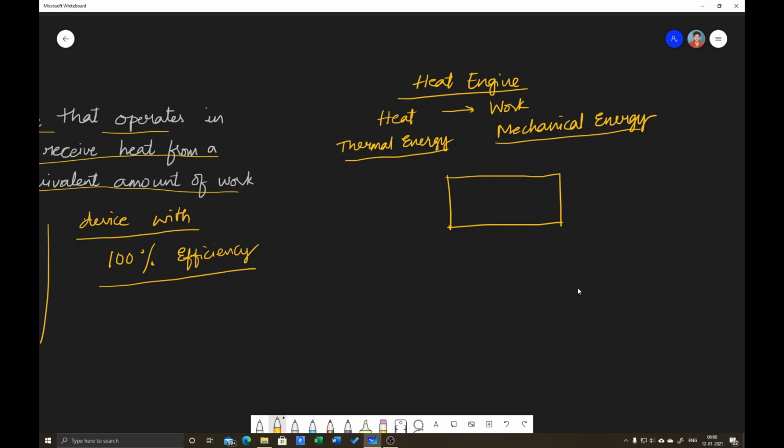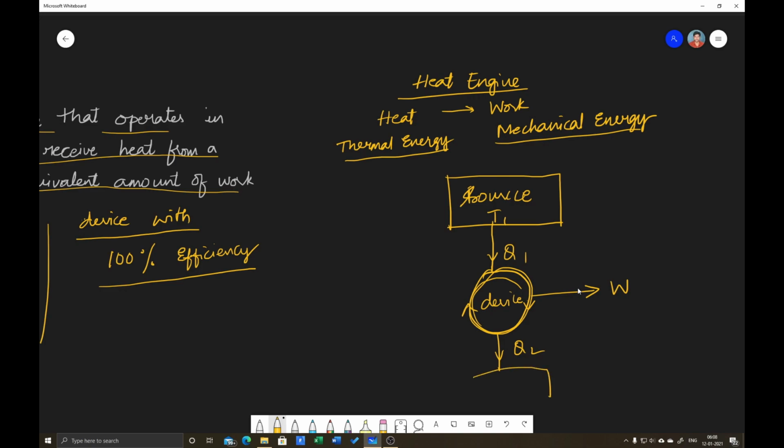So from this we can say that there is a reservoir, or we can say a source at higher temperature. It gives some heat to the device. The device will be drawn as a circle to show that it is following a cycle. The device will give you work, but it has to reject some heat to the sink.